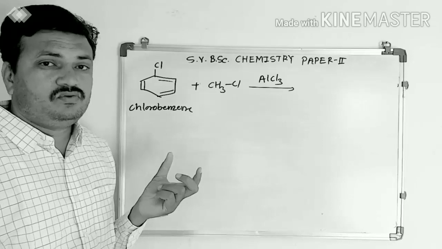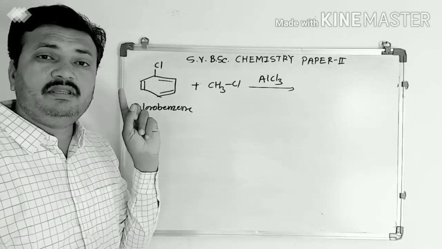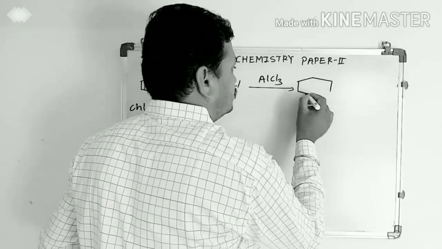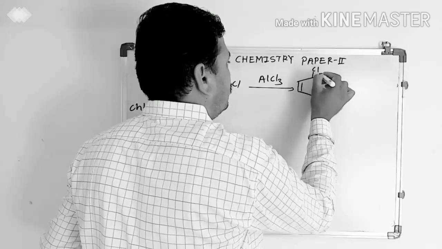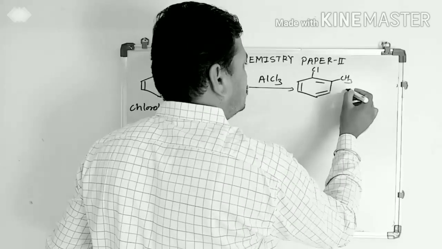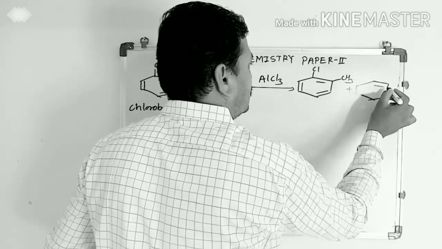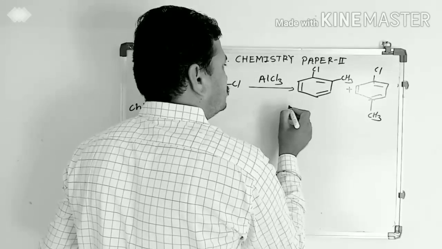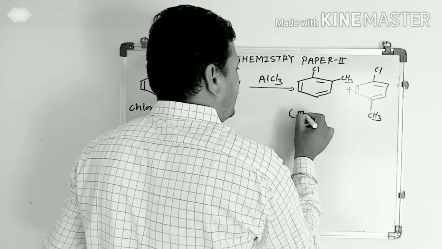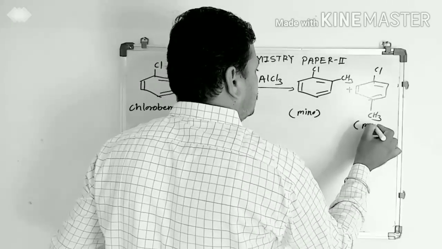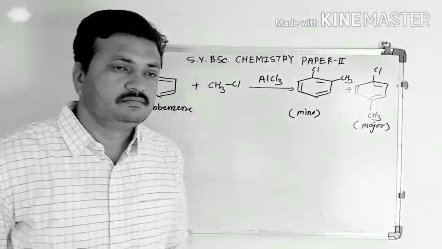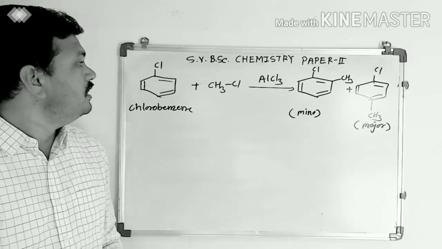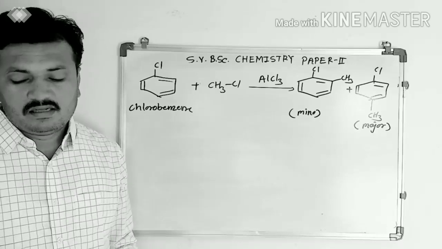Again, there are two possibilities because chlorine atom is ortho para directing. We get the two products in which the first product having ortho substituent and second product where the substituent is present at para position. It is minor product and this product is the major product. This reaction is known as Friedel-Crafts alkylation reaction of aromatic halides or aryl halides.